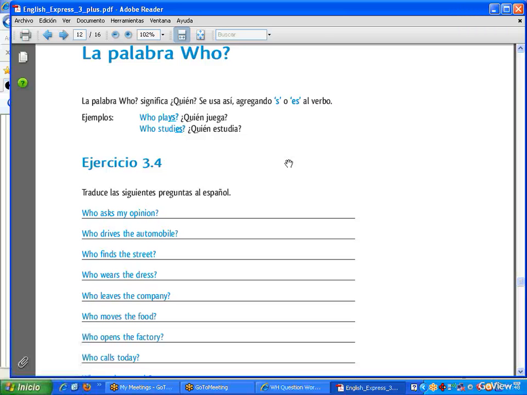Look, who studies, who plays. Okay? So when we're using this, we're always using the third person. Always. Siempre. Usamos the S in the verb. Okay? With who.